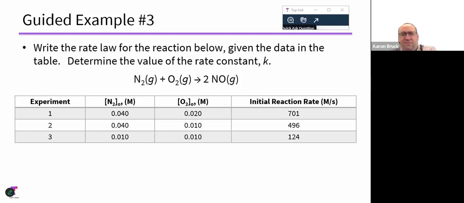Feel free to use the inspection method if you feel that it is possible or warranted to do so. If not, you've got the calculation method to fall back on. And understand, you can mix the methods too. So if one of them is easily solvable with inspection, do it by inspection. It's way easier.